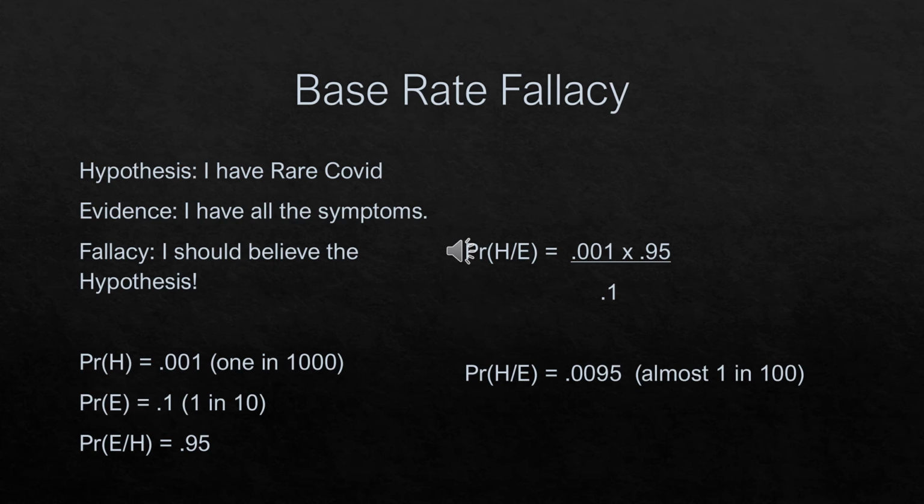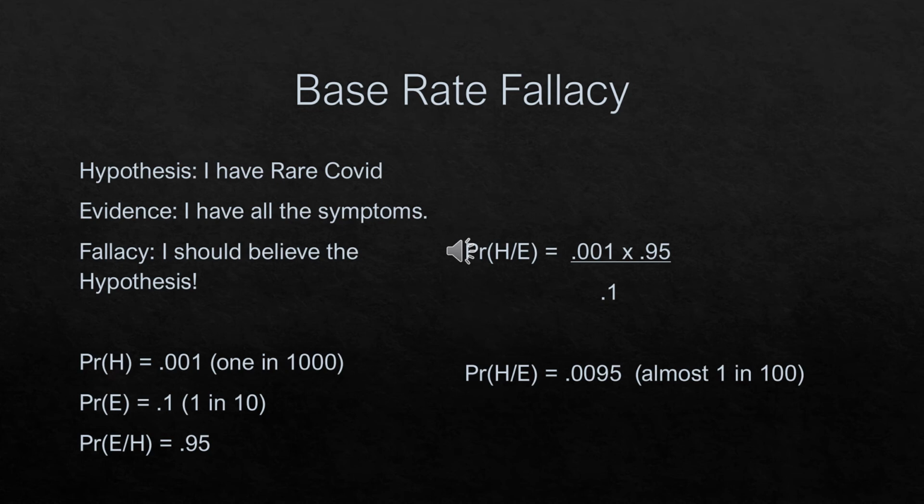Okay, so let's break these up again. The probability of the hypothesis is 1 out of 1,000 people that get COVID get rare COVID. The probability of the evidence, having all the symptoms, is 1 in 10. So 1 in 10 people that get COVID have these symptoms. And the probability of the evidence given the hypothesis, that I have all these symptoms given that I have rare COVID, would be 95%.